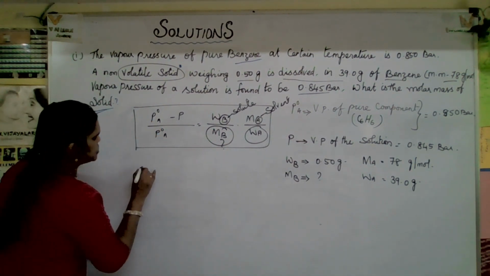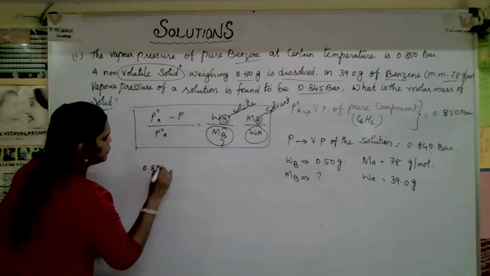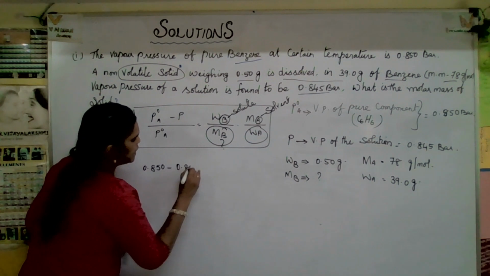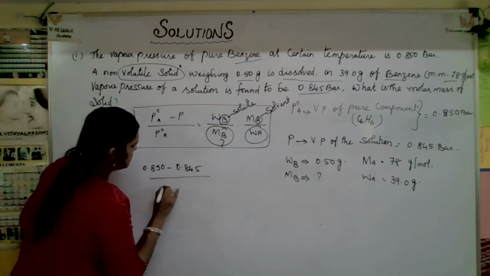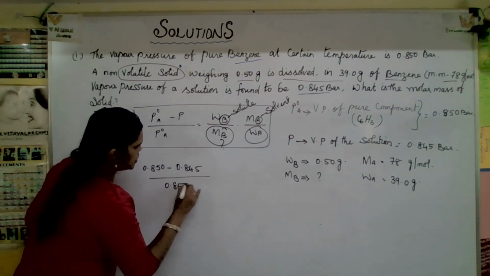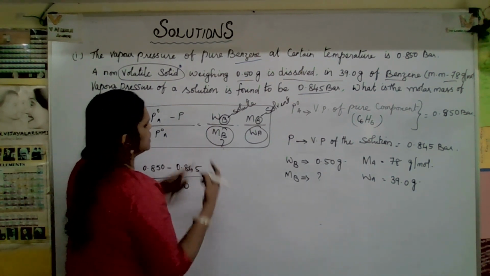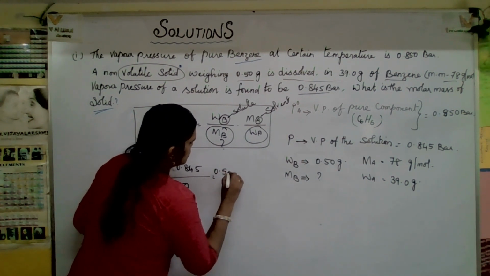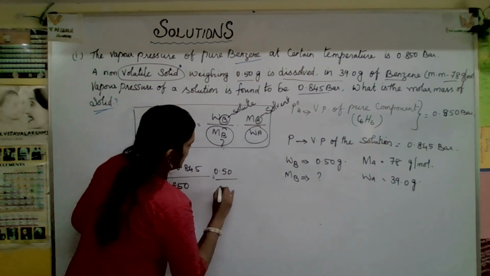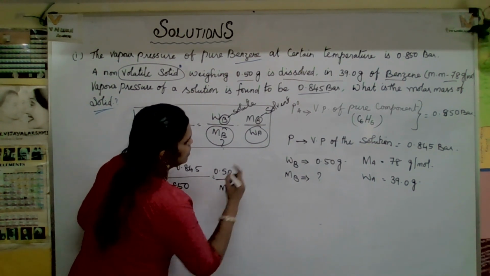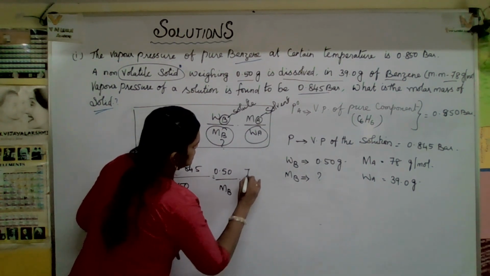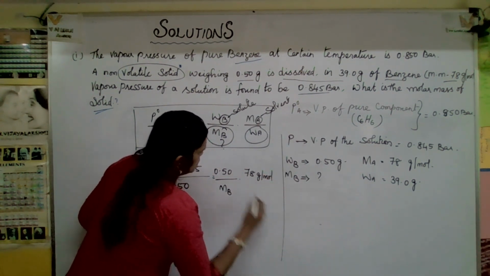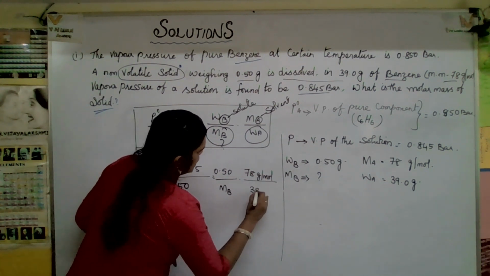P naught A, how much? 0.850 minus P, what is the value? 0.845, divided by 0.850, equal to WB, 0.50, divided by MB into MA, 78 gram per mole, divided by 39.0.